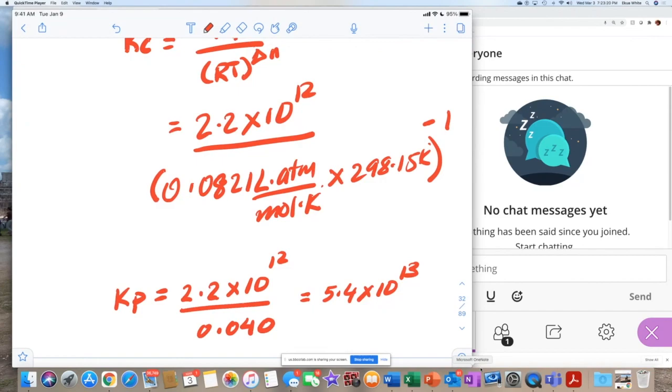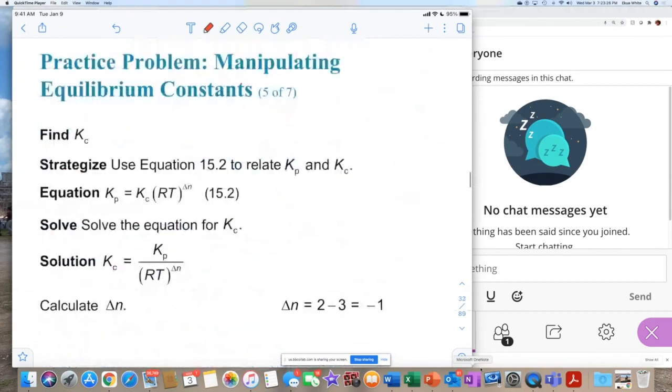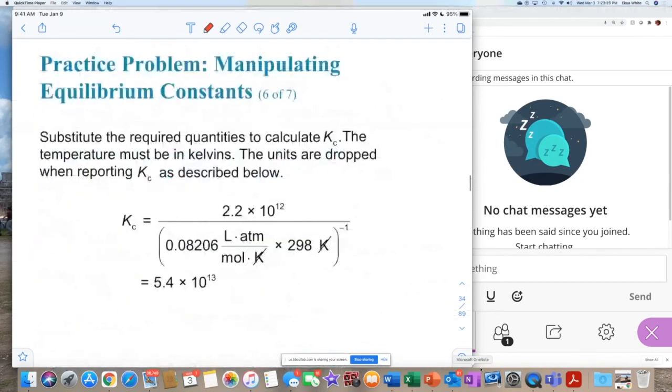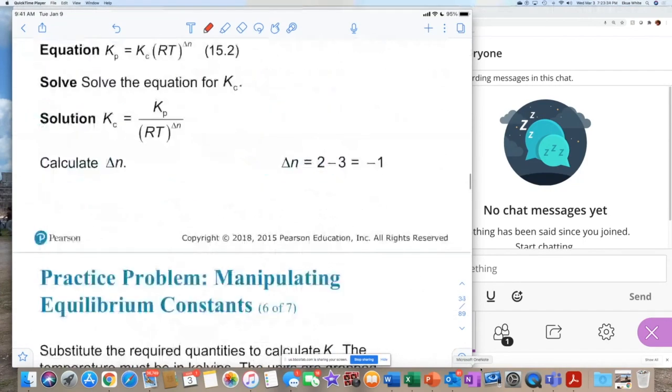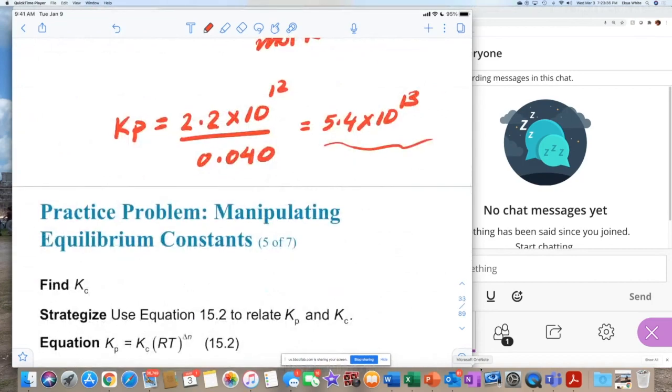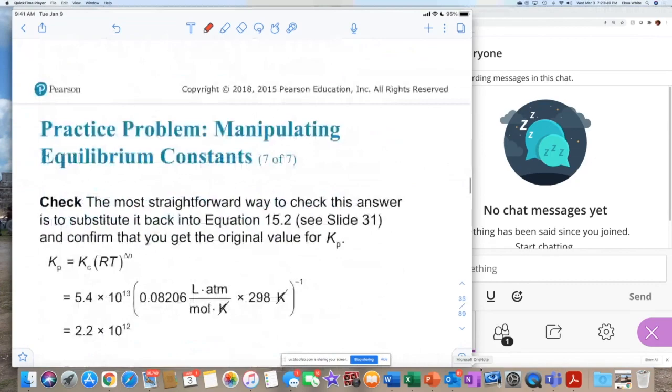Let's see what they get, because I get a similar answer. They have the power negative 1. Yeah, 5.4 times 10 power 13. You can do it step by step like I did in the beginning, or do it all in one swoop, and we get the same answer.